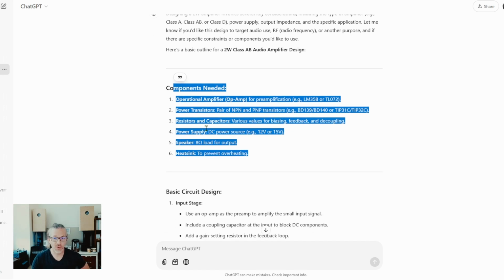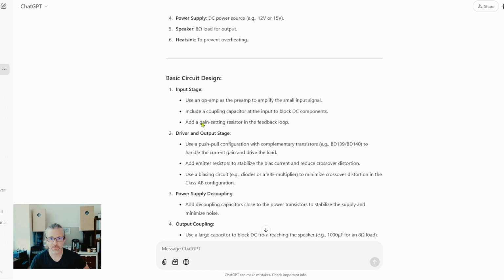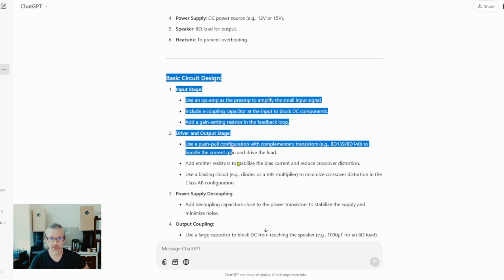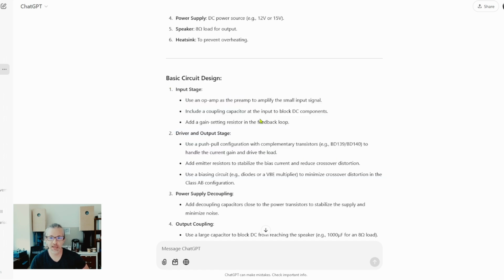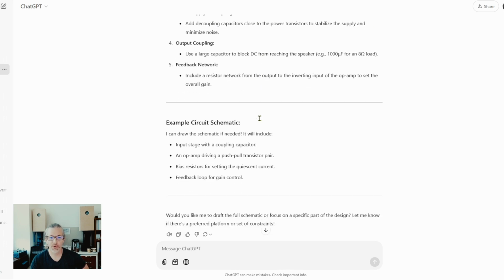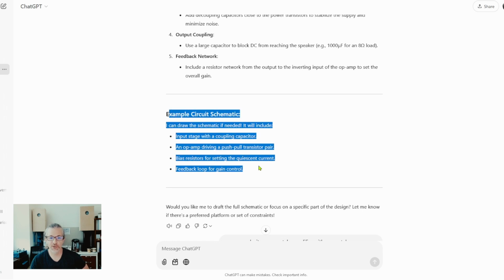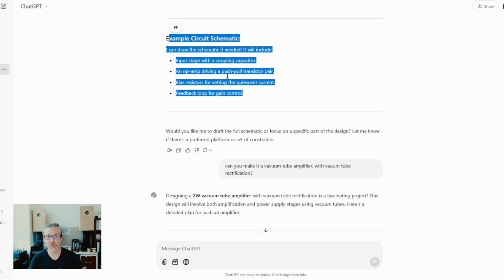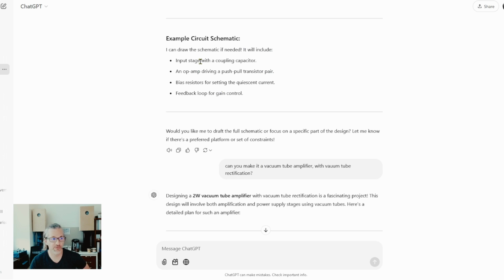And I'm not going to go into detail on that. It also gave a breakdown for the components and a circuit diagram as well, what it would involve and what would be in there.